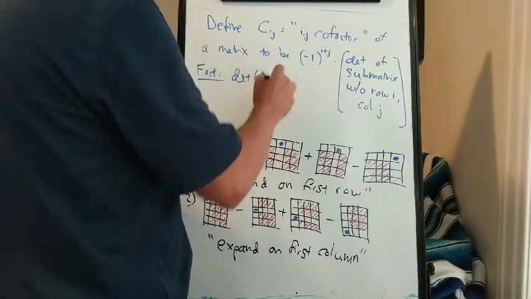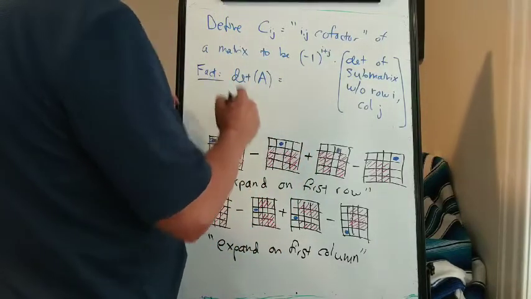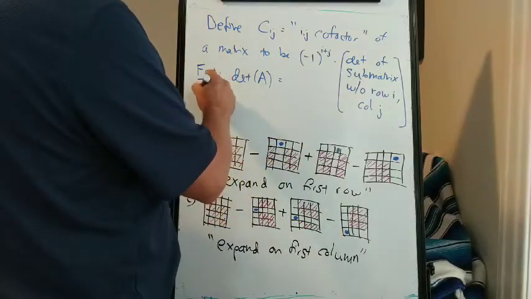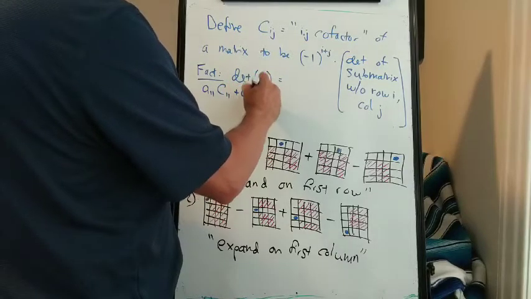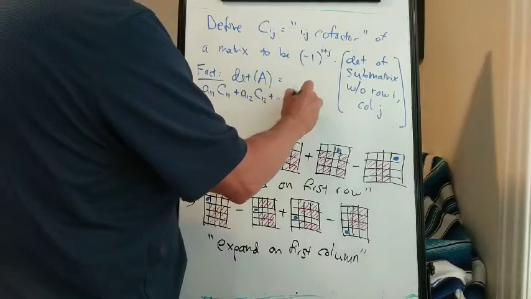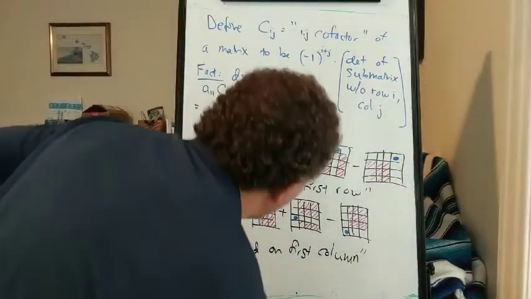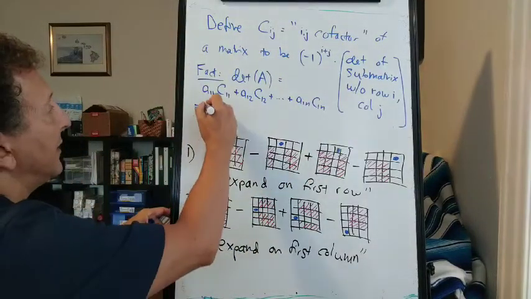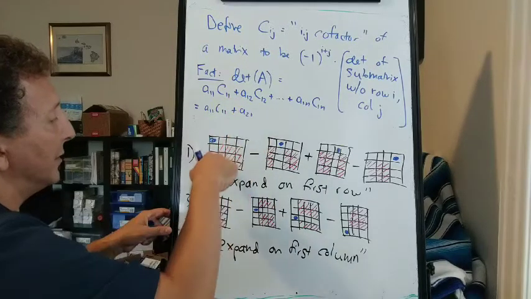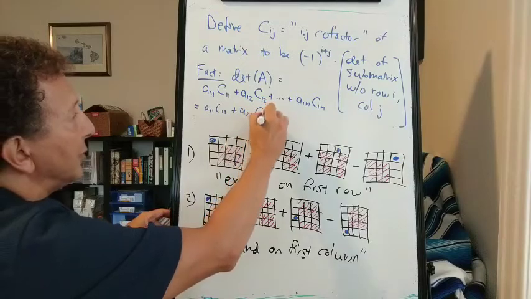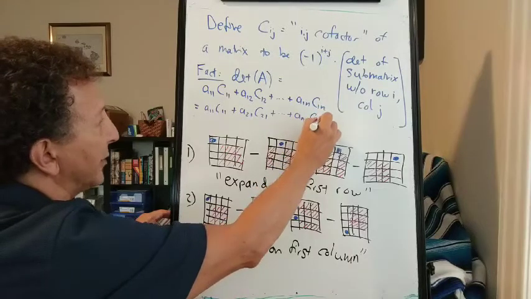So if A is an n by n matrix, the determinant of A is, if we use the row method, A11 C11 plus A12 C12, etc., up to A1n C1n. And then if we use the column method, it's A11 C11 plus A21 C21 going down, plus, etc., up to An1 Cn1.